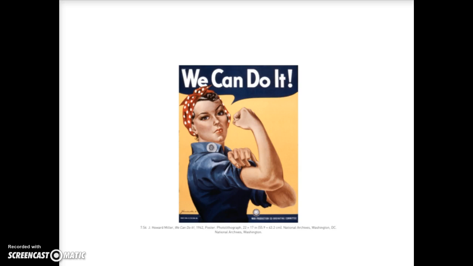It was only displayed for the factory for a little while, but this poster became extremely famous. So this was definitely a symbol of female patriotism, and sadly enough, when the war ended, a lot of industries kicked the women out. They unfortunately had to leave their skilled jobs and give them to the veterans that were returning.